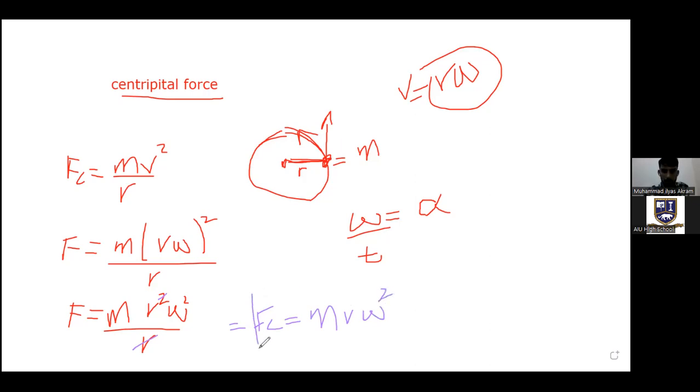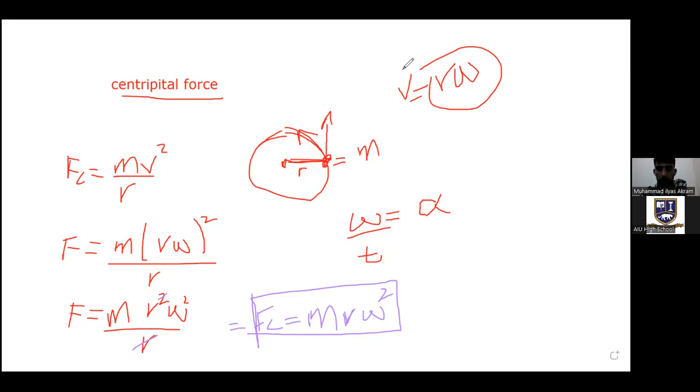So this is the formula we can use to note down the motion of a body in a circular path, and we can calculate the centripetal force, or a single force that is exerting on the object, with the help of numerical data.